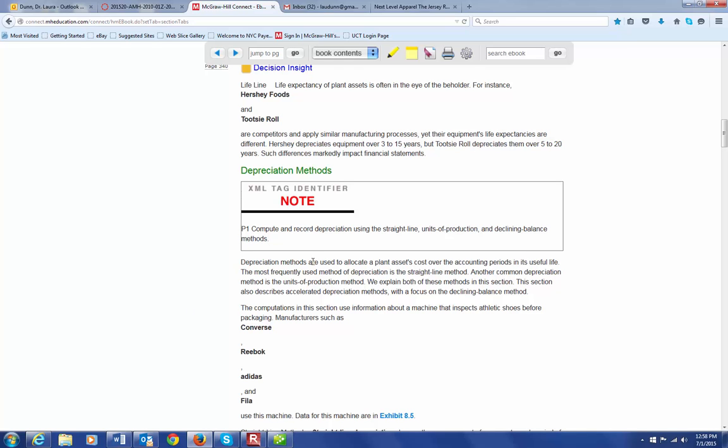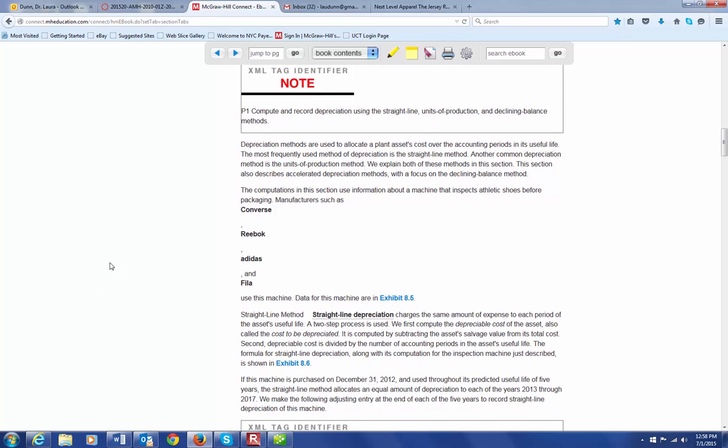So the methods are used to allocate the plant asset's cost over the accounting periods. So this is what you use to depreciate the particular asset that you're looking at. The most frequently used is the straight line, but we also have these other two that are used in various industries.